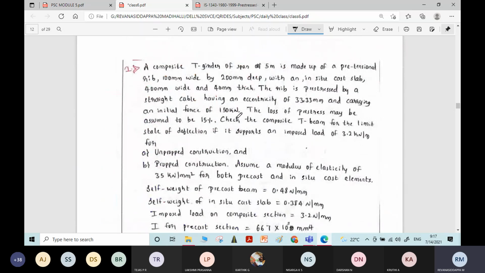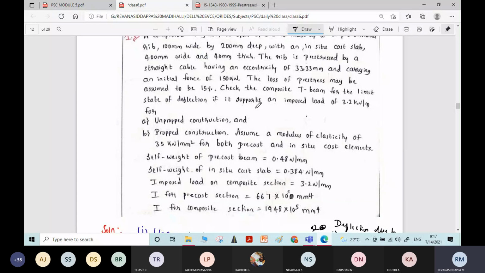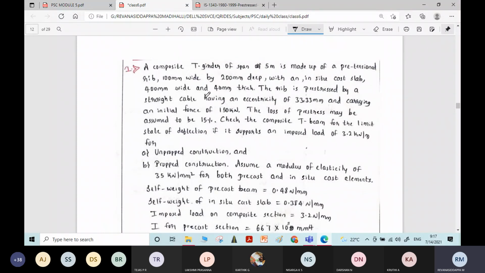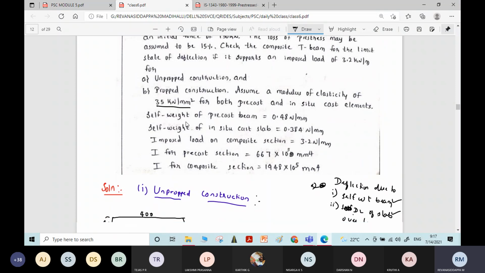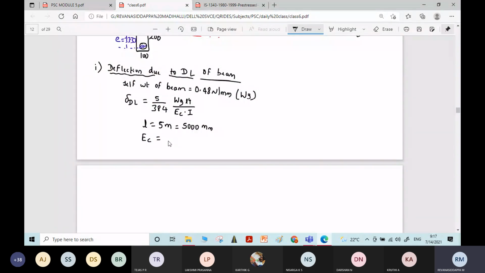Here it is given as 35 kilonewton per mm square. Ec is equal to 35 kilonewton per mm square, which is 35 into 10 power 3 Newton per mm square.